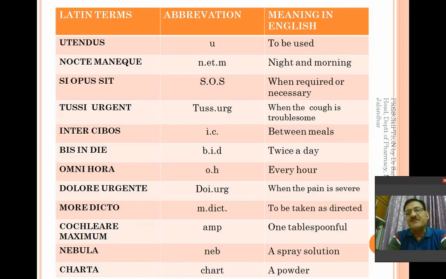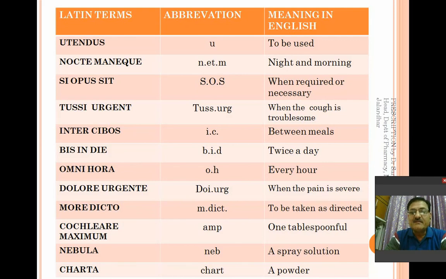Inter cibos means between meals. Next is bis in die, means 2 times a day. In short, it is written as BID. Then omni hora, OH, means it is to be given every hour, or it is to be applied every hour. Then dolore urgente, when the pain is severe. Ut dictum means as and when directed.